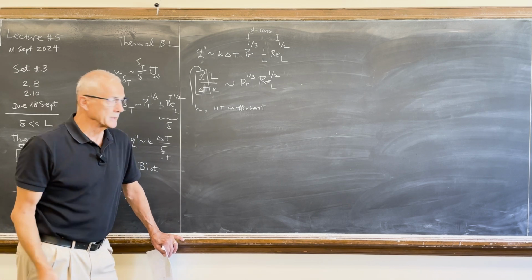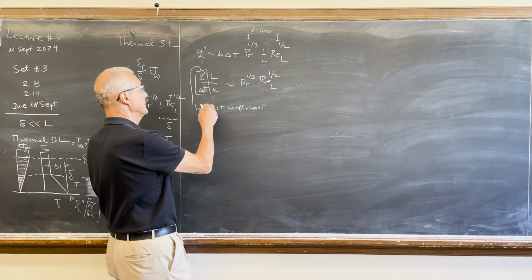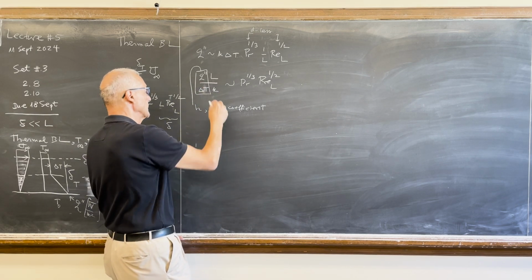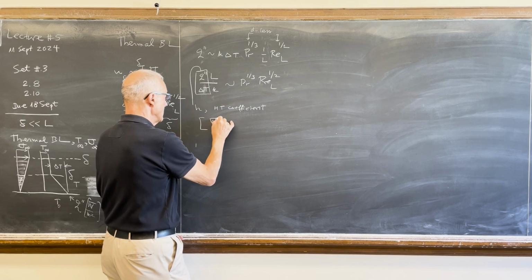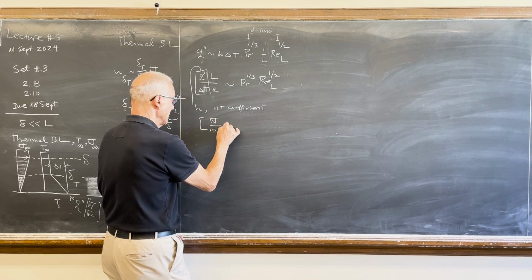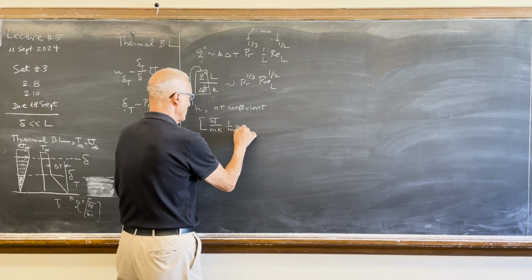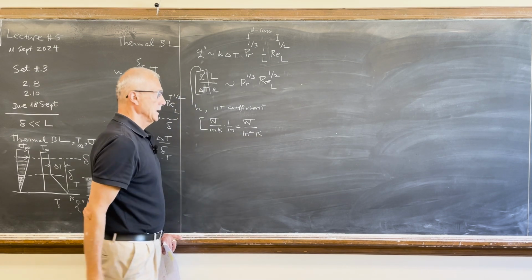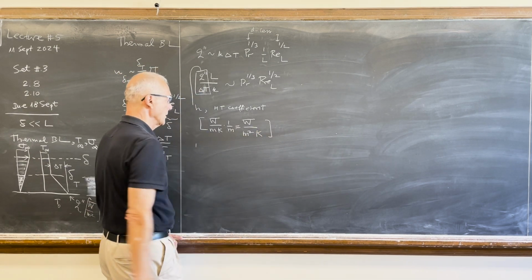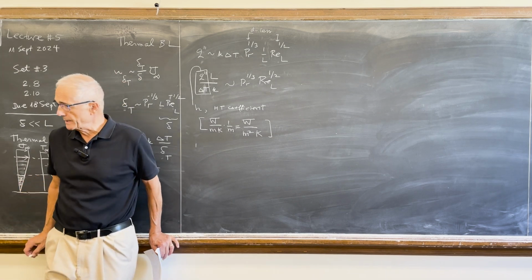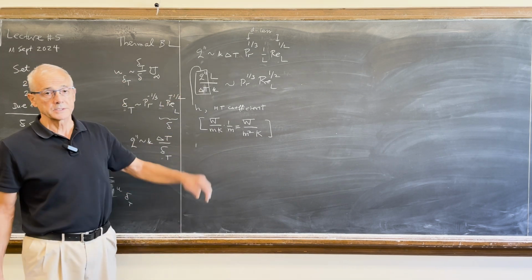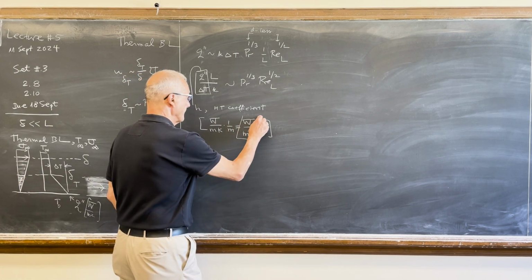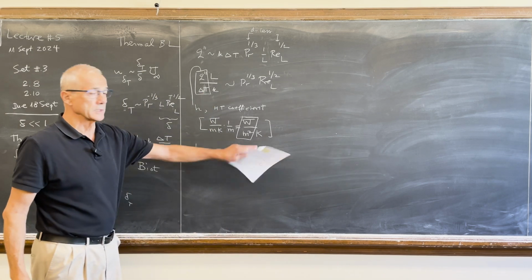So the dimensions of heat transfer coefficient you can see from this box would have to be the dimensions of conductivity divided by length. So that's conductivity, and then divided by length means watt per meter squared K. Those are the dimensions of heat transfer coefficient, as they should be, because the dimensions of heat flux are watt per square meter, and the dimension of temperature difference is degree Kelvin.